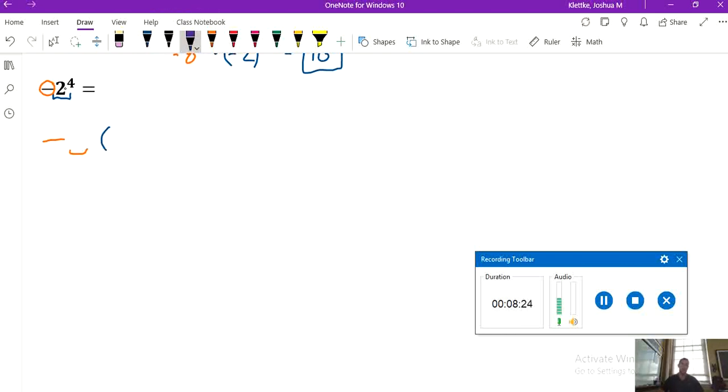I'm going to show my steps to evaluate the base and the exponent in parentheses. In parentheses I have an exponent of 4, so 1, 2, 3, 4 spots. The base that goes in them is just 2. Remember, just 2 is the base.